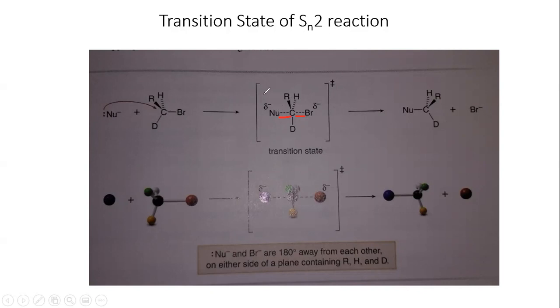Nucleophile is coming in, bromine is going out, and eventually when we get to the products, we substitute the nucleophile for the bromine. Notice they're about 180 degrees apart, the nucleophile and bromide on both sides of the carbon.